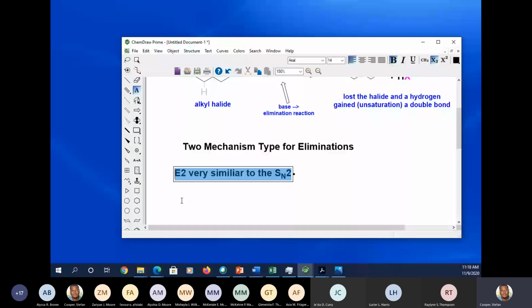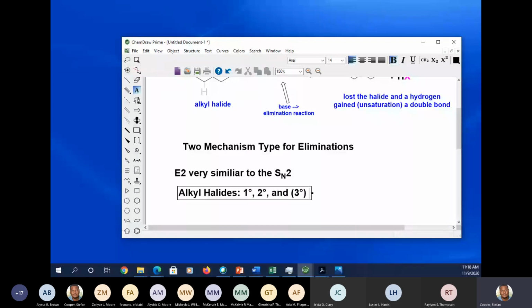So what does that mean? E2 processes, if it comes down to alkyl halides, just like the SN2, are going to prefer primary, secondary. Actually, it doesn't matter as much if it's tertiary too, and some tertiaries can react here as well, though not all the time.